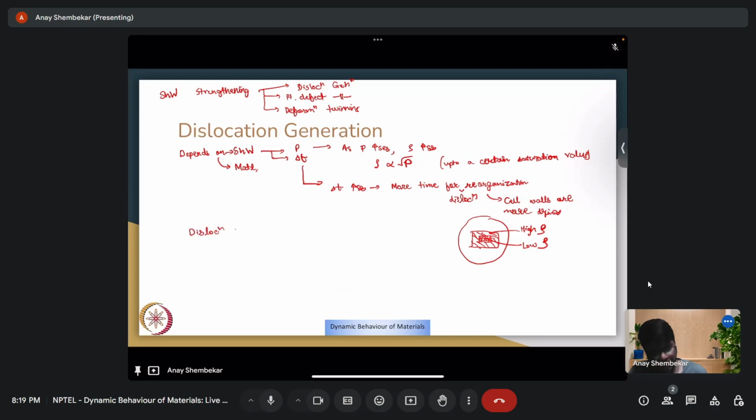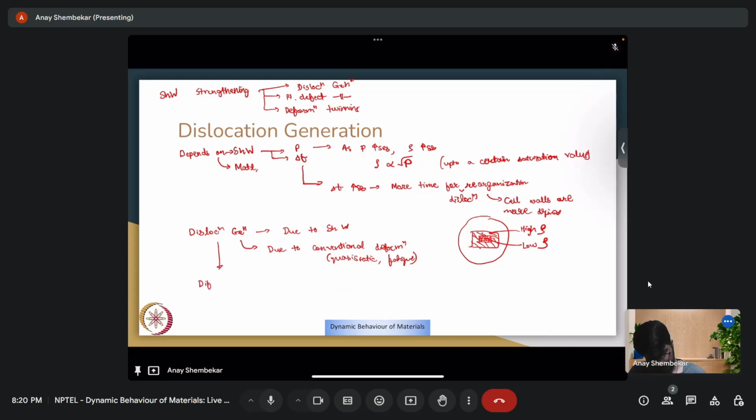Dislocation generation, if we say it can happen due to shock wave, it can also happen due to some other conventional deformation. By conventional deformation, we mean quasi-static or fatigue, and so on.